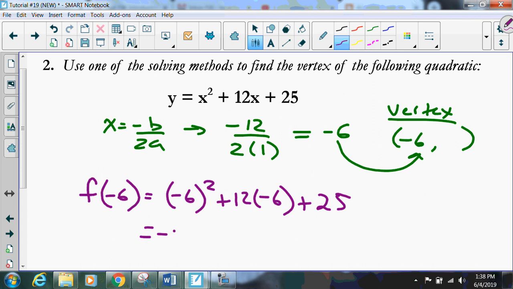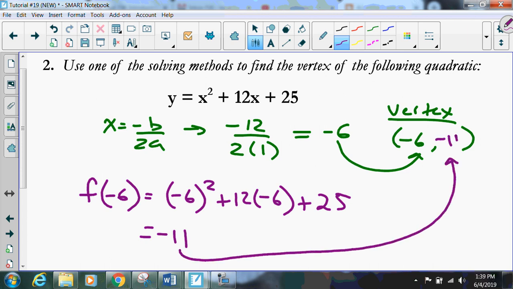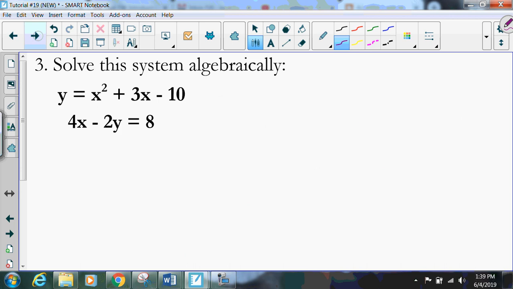Hopefully you agree with me here. So negative 11 is our y value for our vertex, and there we have it. How do we find our vertex? We use negative b over 2a to find our x value, and then we plug that x value in to find the y value.